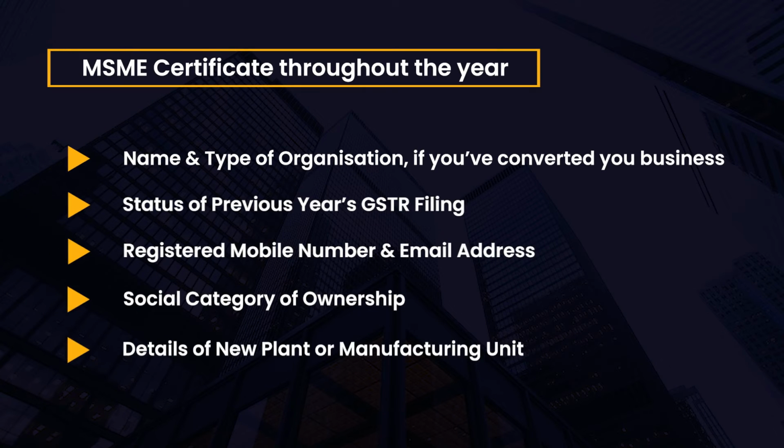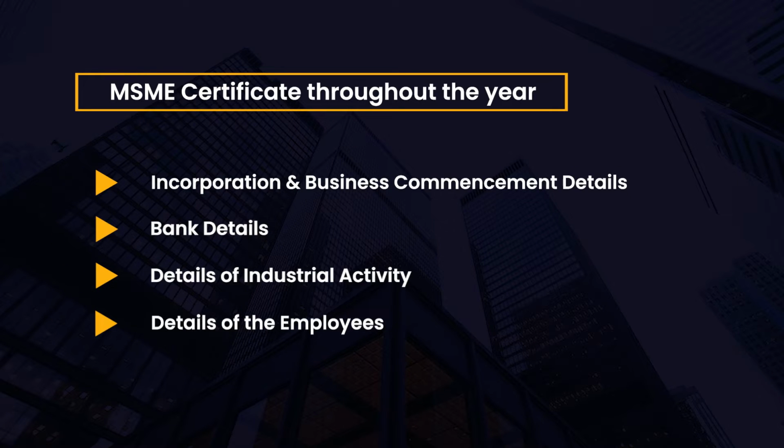Other details which can be changed on the MSME certificate throughout the year are: number 1, name and type of organization, if you have converted your business; number 2, status of previous year's GSTR filing; number 3, registered mobile number and email address; number 4, social category of ownership; number 5, details of new plant or manufacturing unit; number 6, incorporation and business commencement details; number 7, bank details; number 8, details of industrial activity; and finally number 9, details of the employees.